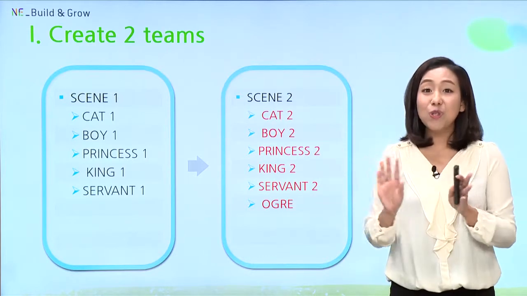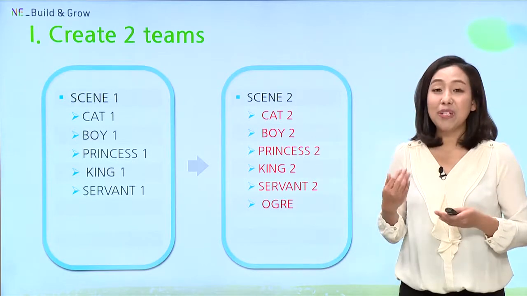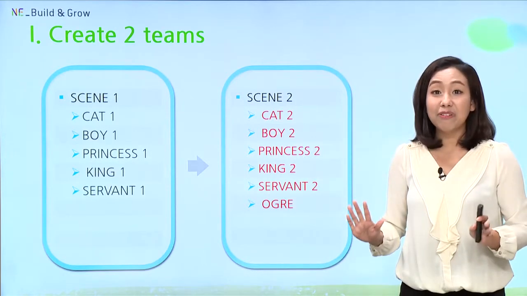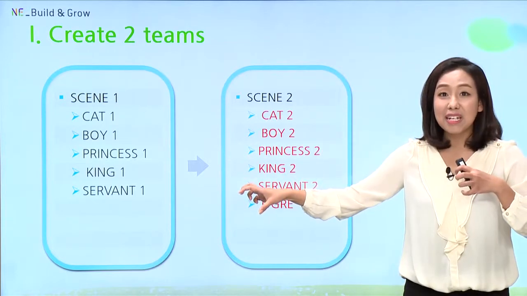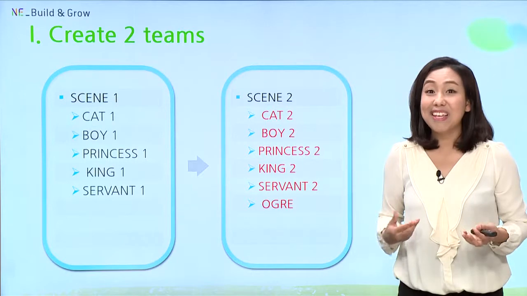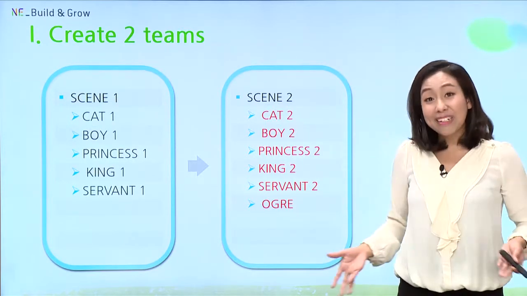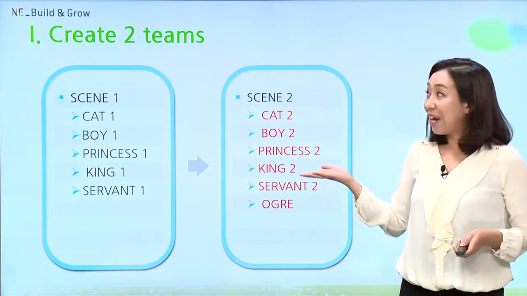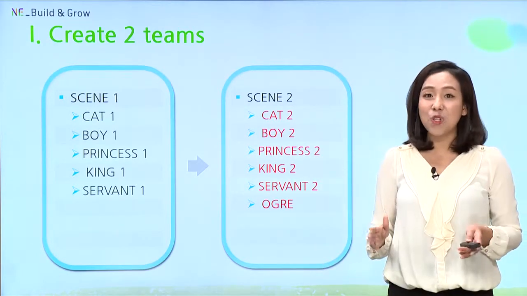So on the first scene, they would be the cat, they would be the boy, they would do everything in the first scene, and then another team comes for the second scene, but the audience won't recognize that there was a change of characters because they're wearing the same costume. So you can create 2 teams if you have a lot of kids in one classroom.